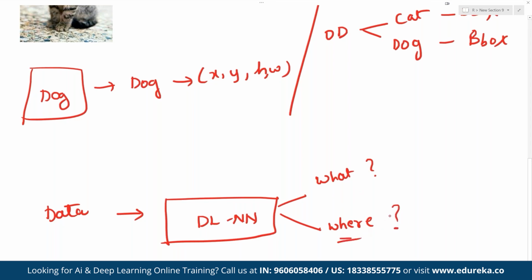So that will be the common flow, guys. We'll have the data, and we will pass this data to the deep learning neural network. We perform the training, and the deep learning model that we train will have the ability to identify what is present in the image, and also where exactly that object is present in my given image.